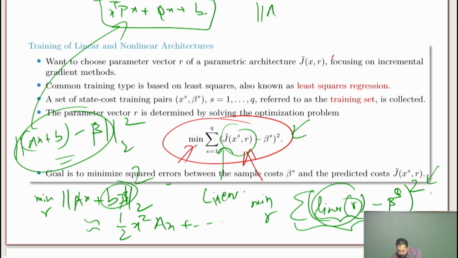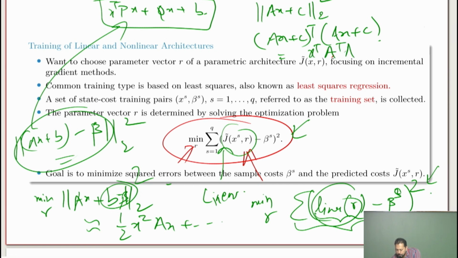So what we have is ax plus c squared. So we can write this, 2 norm squared, as an inner product. Okay, so this is like inner product with itself. So ax plus c transpose ax plus c. So this is equal to x transpose a transpose ax plus x transpose a transpose c plus c transpose ax plus c transpose c.